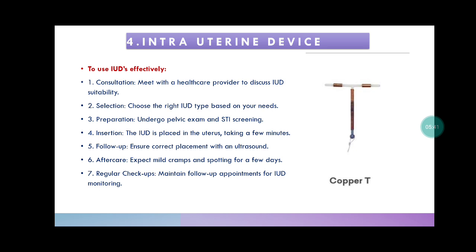Then insertion. The IUD is placed in the uterus, taking a few minutes. Follow-up. Ensure correct placement with an ultrasound. Aftercare. Expect mild cramps and spotting for a few days. Regular checkup. Maintain follow-up appointments for IUD monitoring.